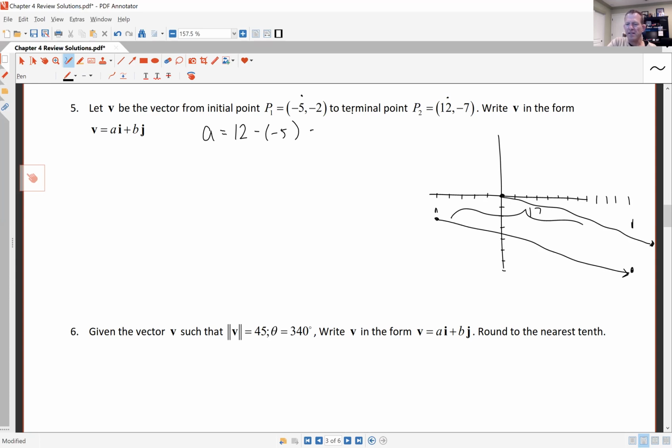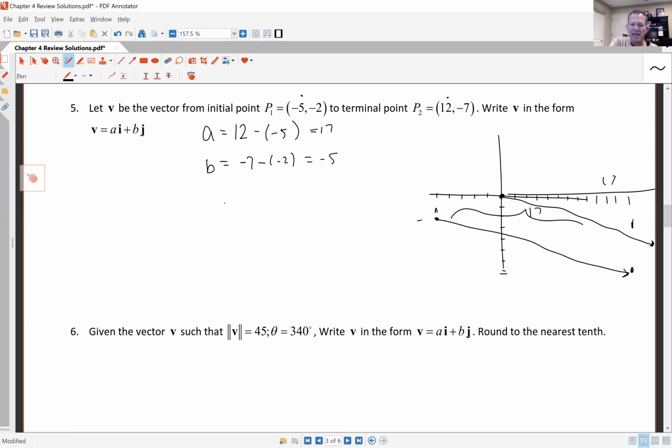So the vector that starts at the origin is going to have to go 17 to the right. And we see now that the y values started off at -2 and went down to -7. So we take -7 minus a -2. From -2 down to -7, we've gone down 5. So it really is just rise and run from algebra.